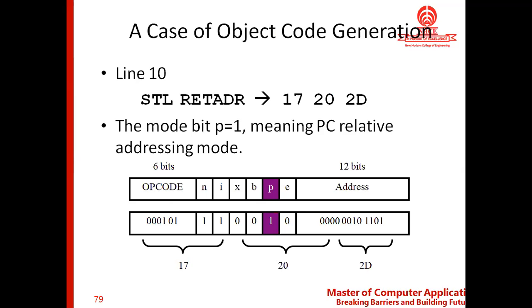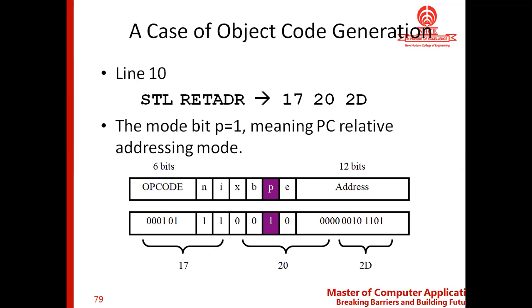This is the way the assembler derives the object code for that particular line. In a similar fashion, the remaining instructions will also be converted into object code by the assembler. When any instruction is taken by the assembler, it interprets which instruction format it follows and which addressing mode it is considering, and based on that it creates the object code.